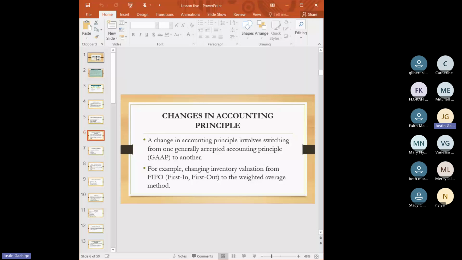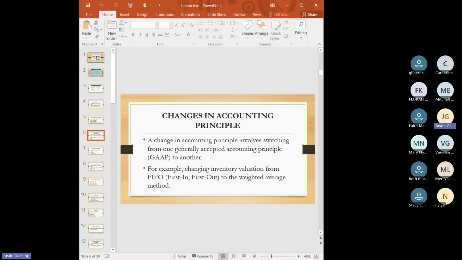The reason why a company can switch among the various methods can be a regulatory change, it can also be smoothing or aligning with industry, or it can be for reliability.